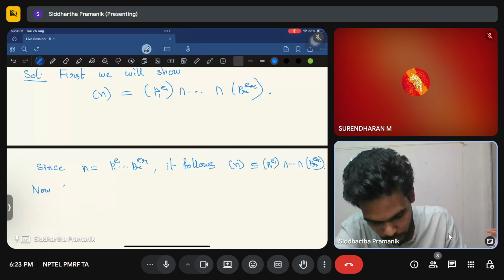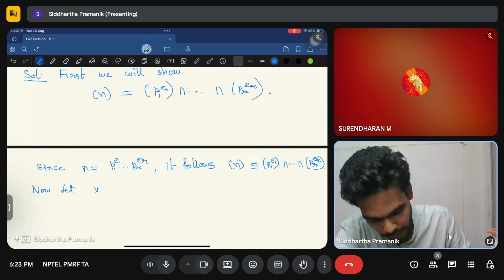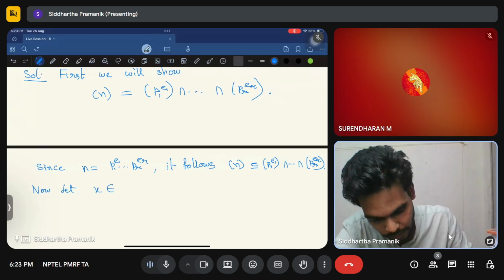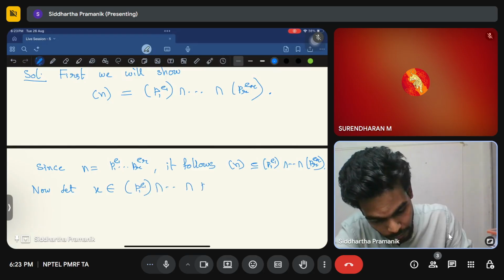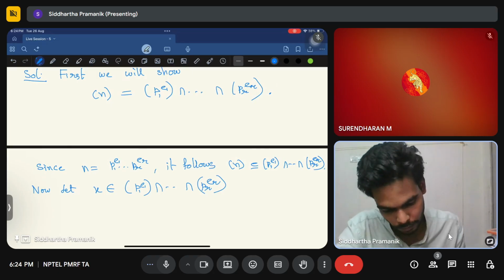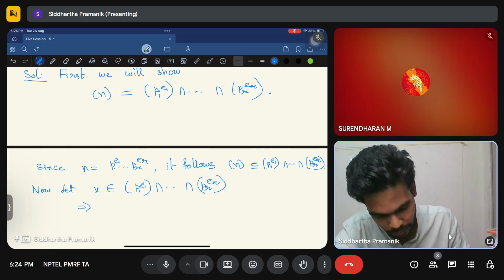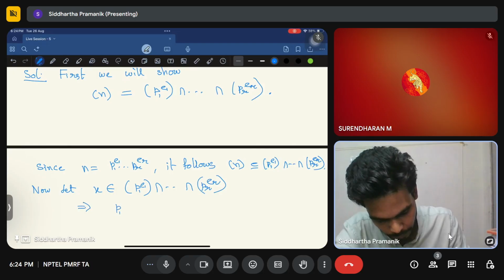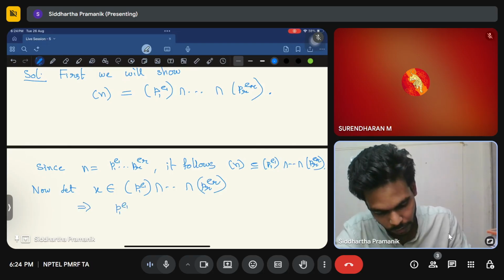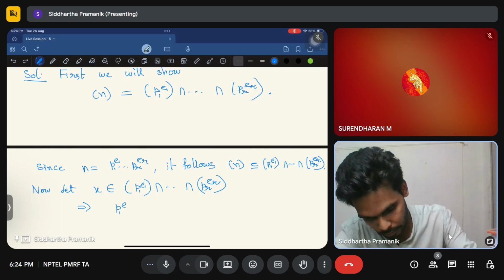So now let x be in the other side, meaning it is in p1^e1 intersection pr^er.